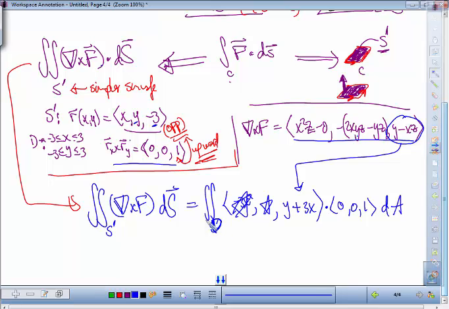All right. So after we do the dot product, we have our limits. Our limits go from -3 to 3 for both, so I'm just going to write it down. I have y plus 3x, and then our dA is dx dy, or dy dx, because they're the same limits anyways. So this should be an easy enough integral to do.